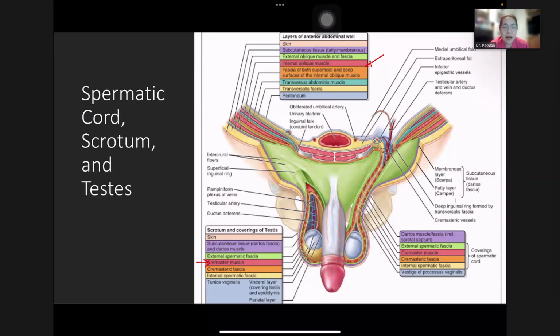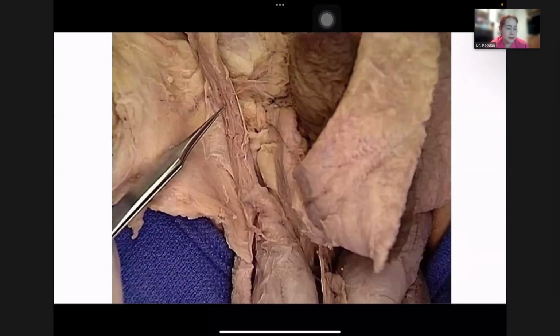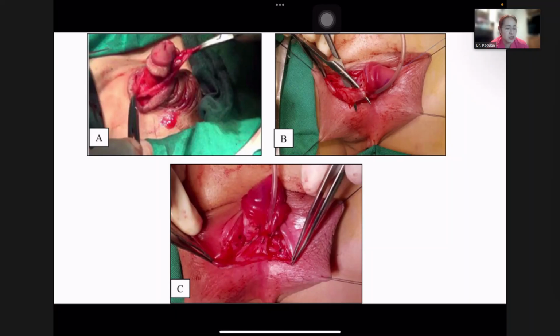What about based on this image? This image is of hypospadias, an abnormal condition wherein the penis is buried. The common term is buried penis.